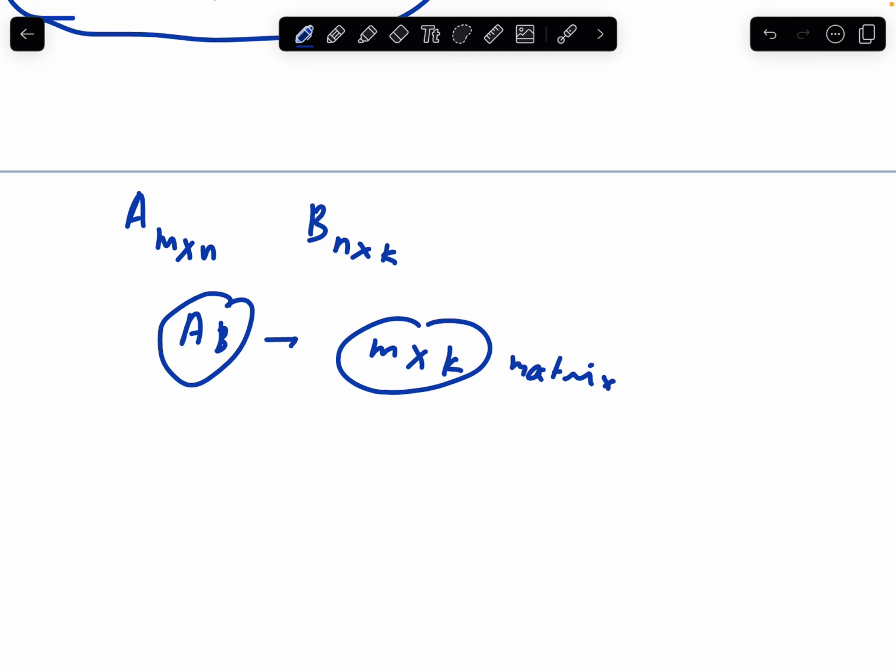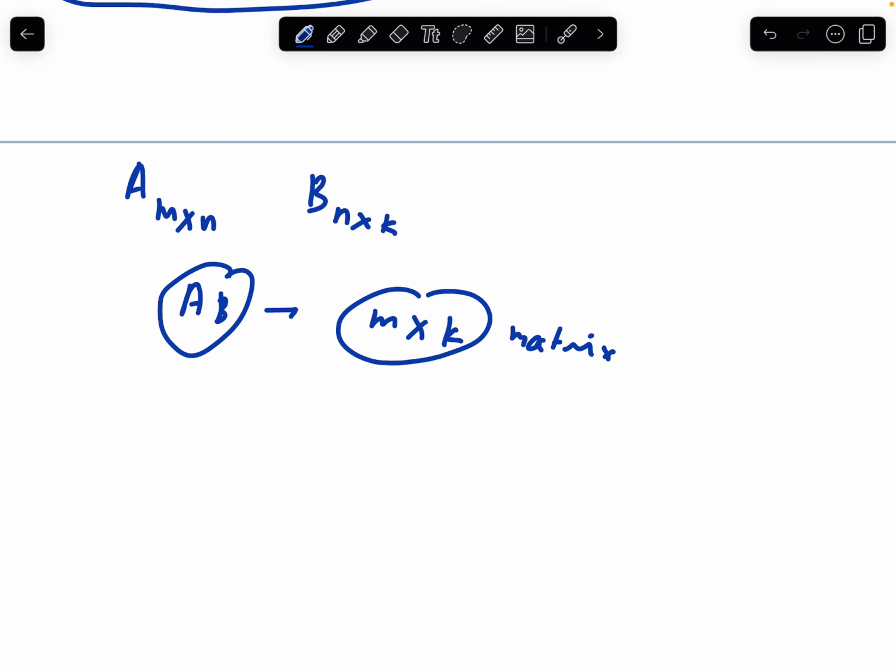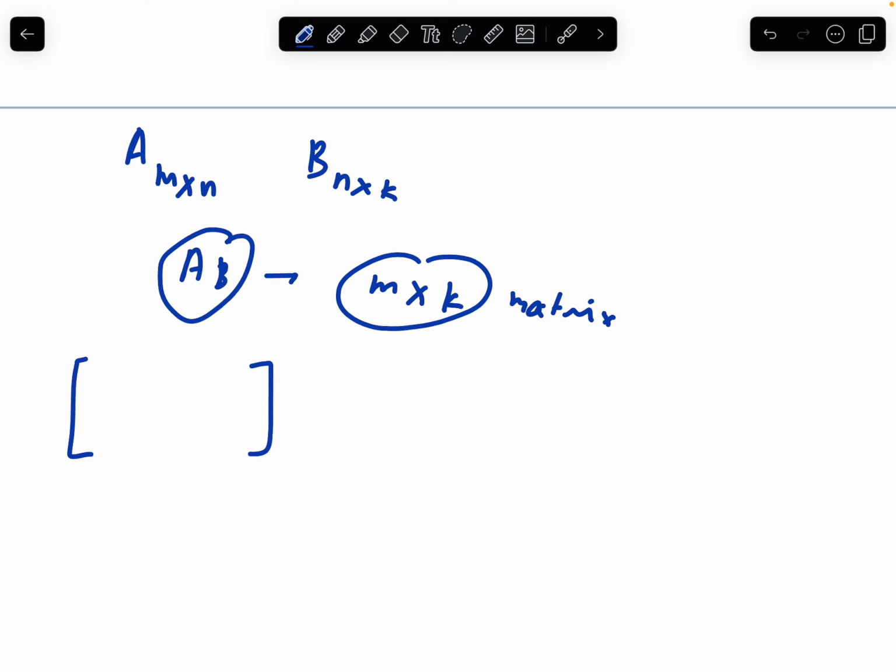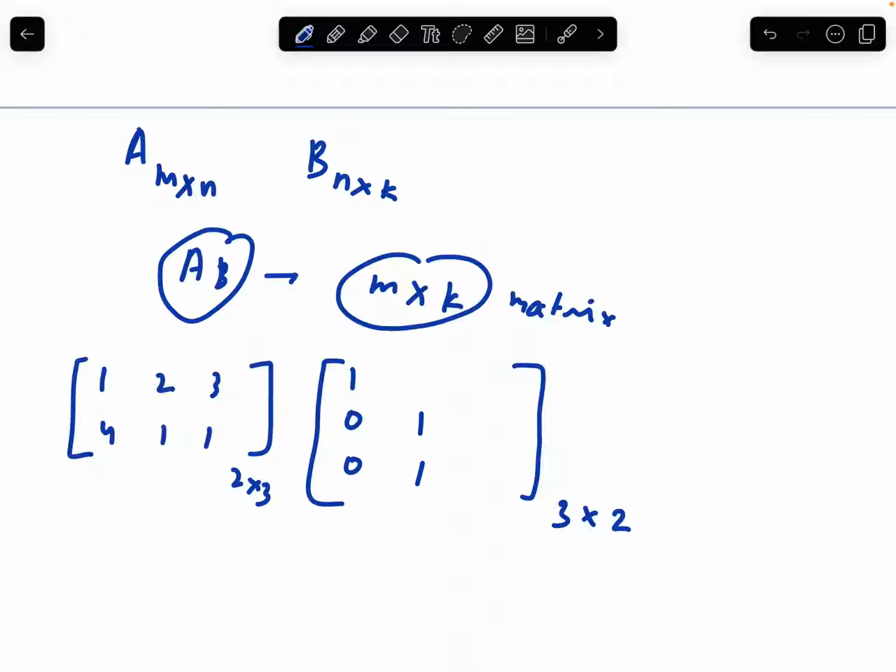And what are the entries of it? Let's do that through an example. So it's a 2 by 3 matrix. Therefore, here we need to have a 3 by something matrix. Let's say it is 3 by 2. Then we have 1 0, 0 1, 1 0, 1 1, 1. Then this will be a 2 by 2 matrix.